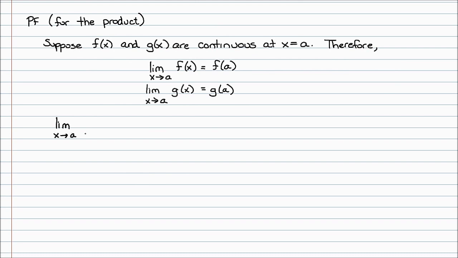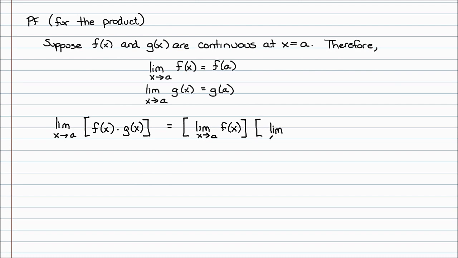So the limit as x approaches a of the product itself. One thing I know I can do is, since f of x and g of x have limits that exist at x equals a, I can split this limit. Now remember, I can only split this limit because f of x and g of x have limits that exist at x equals a.